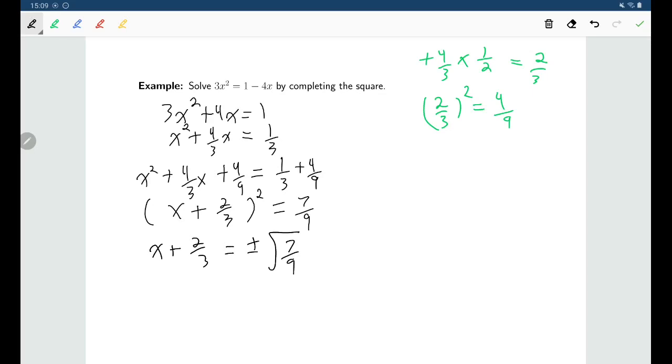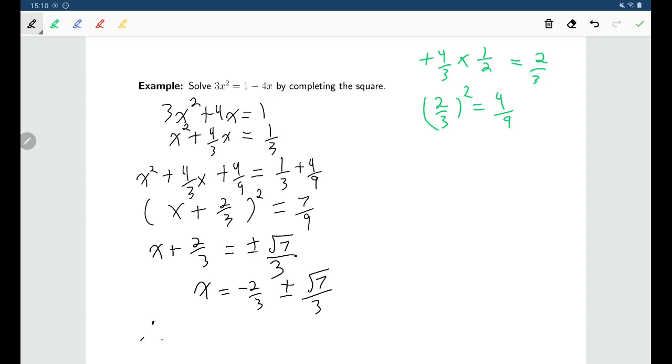Now, of course, square root of 7/9 is the same thing as square root of 7 over the square root of 9, and the square root of 9 is just 3. So we have plus or minus, really, root of 7 over 3. And that means then that x is equal to negative 2/3 plus or minus root of 7 over 3.